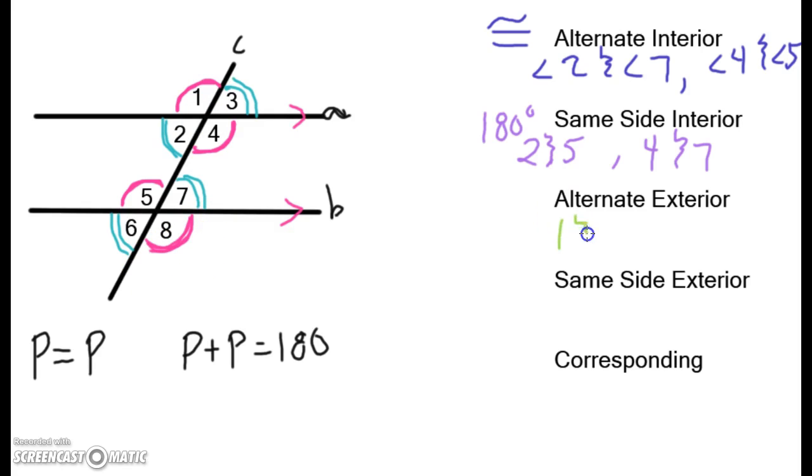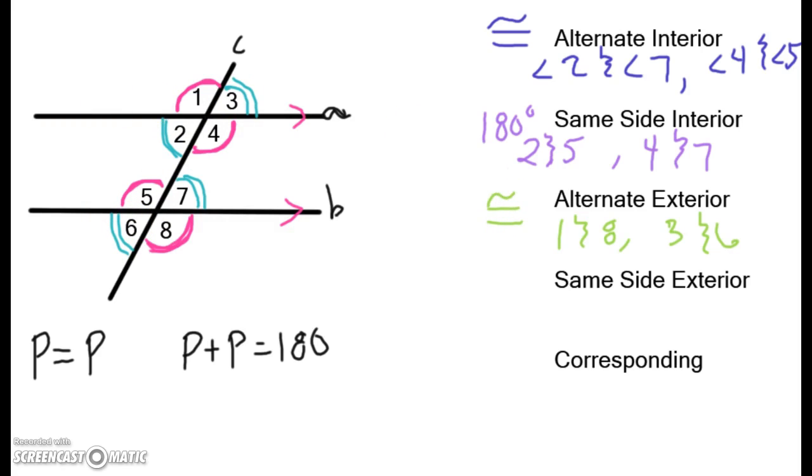So this would be like 1 and 8. And the other set would be 3 and 6. If you look, 1 and 8 are both pink, and 3 and 6 are both blue. So those angles are congruent.